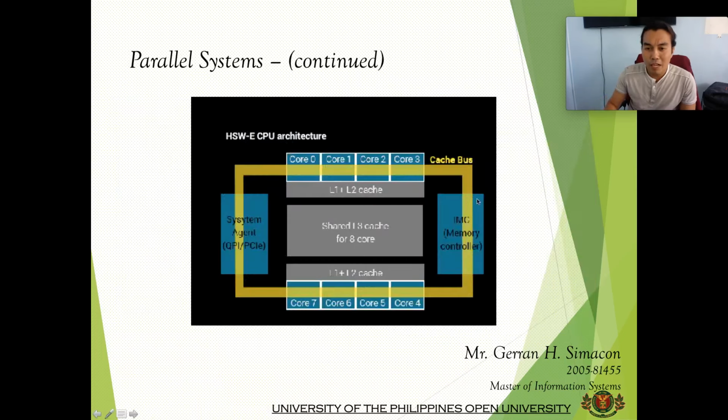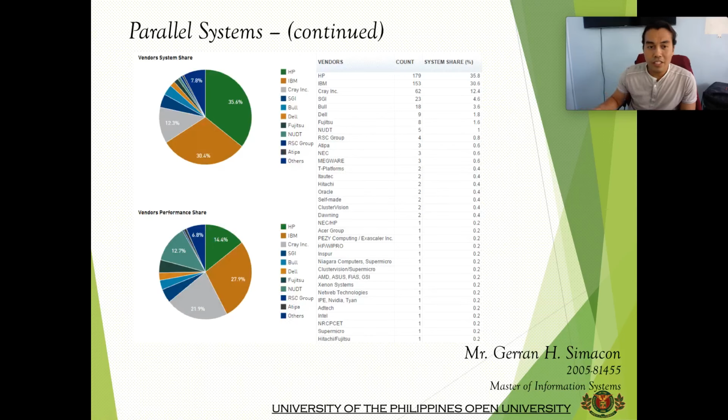So the cache bus links all the essential CPU areas together. A higher cache memory frequency boosts PC performance. Here in this table are the best-known vendors for parallel computers.